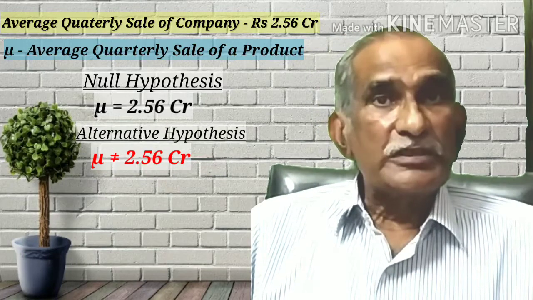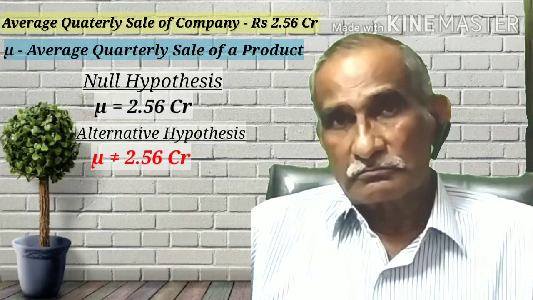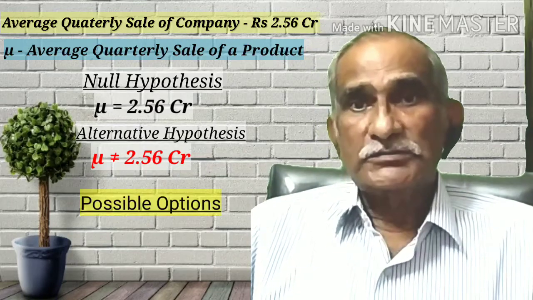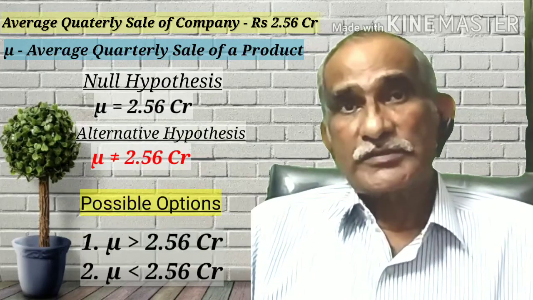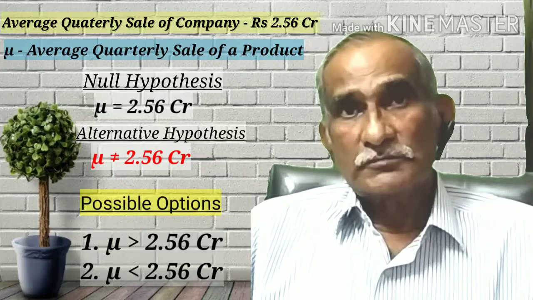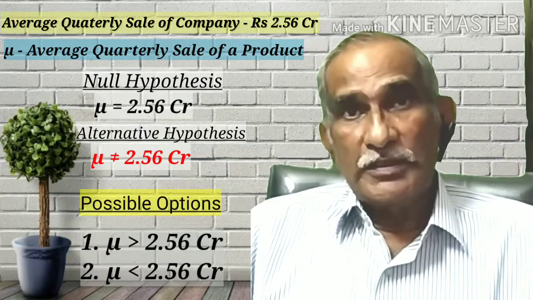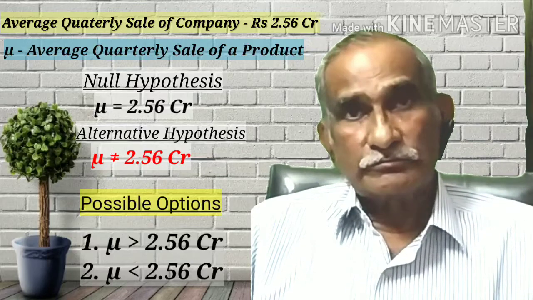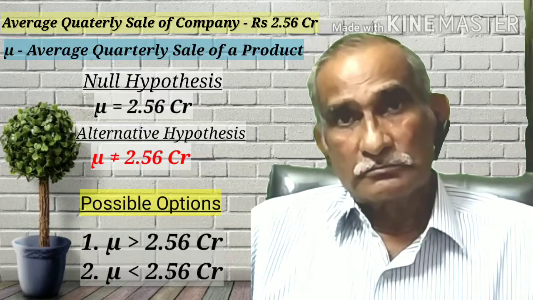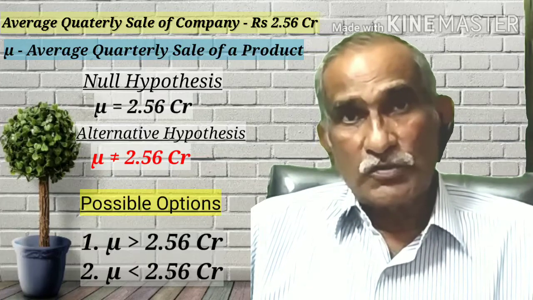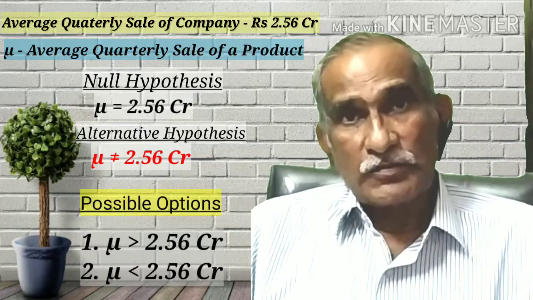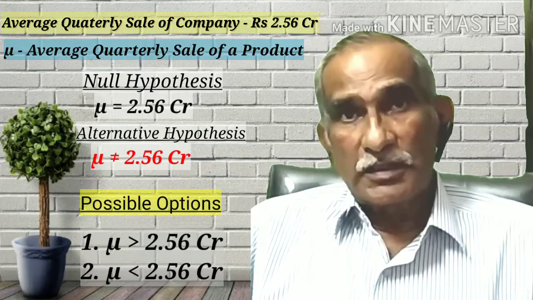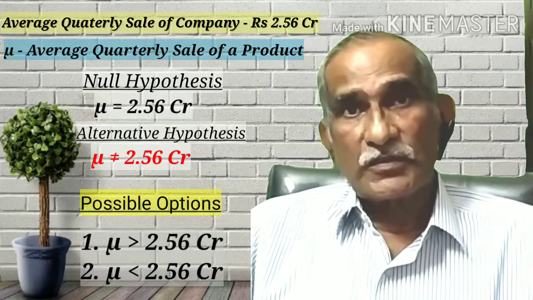There may be two possibilities. Mu would be either more than 2.56 crore or mu would be less than 2.56 crore. So not equal to means either greater than 2.56 crore or less than 2.56 crore.